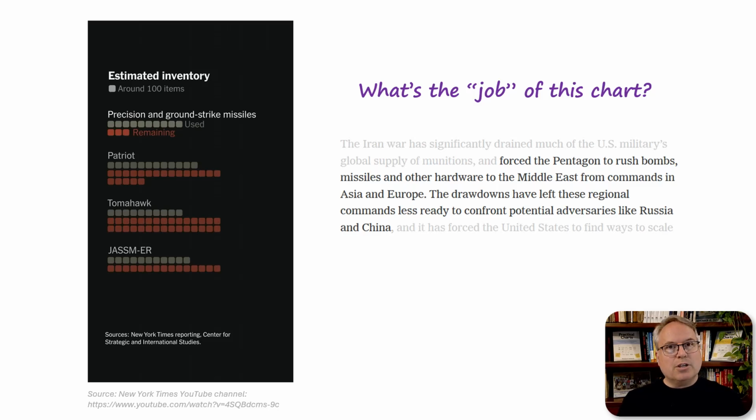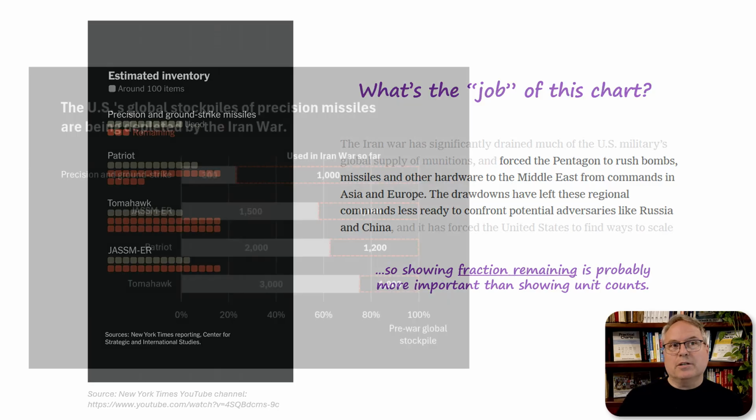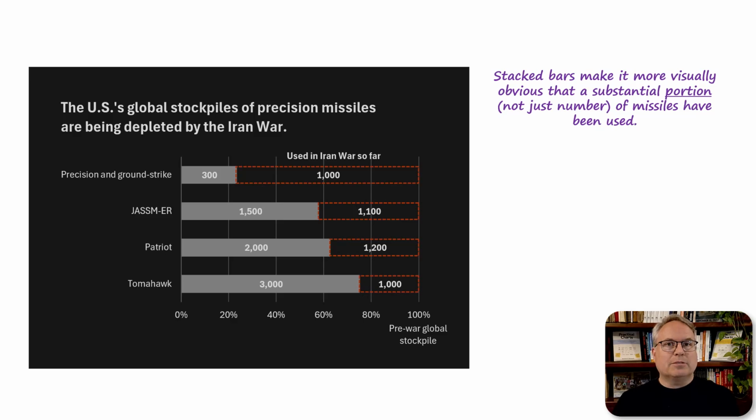And so if this is the job of the chart, then perhaps showing the fraction of missiles that have been used, and the fraction that actually remain in inventory and stockpiles, might communicate that message a little bit more clearly, perhaps something like this, a stacked bar chart. Certainly to my eye, this makes it much more obvious that we're showing a story about fractions of totals. A large portion of the missiles that were in inventory have now been used in Iran.